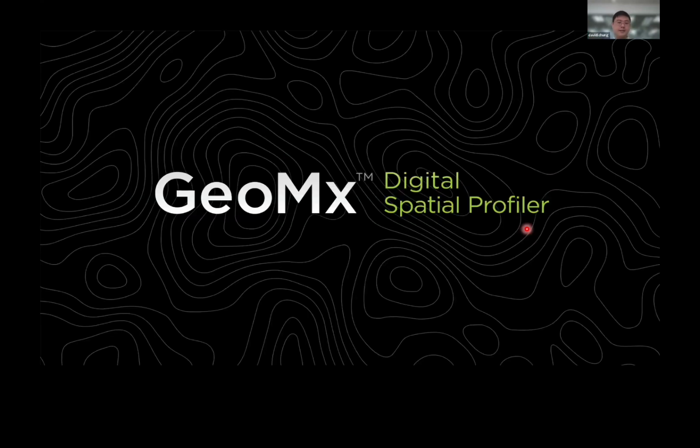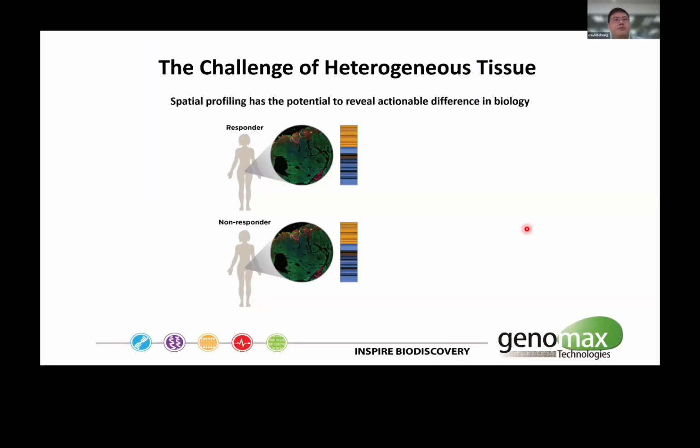So first we will look at this GeoMx digital spatial profiler system. When this first system came out, it was basically to help address heterogeneity of tissue. So for example, if you have tissue sections coming from two different patients, one is a responder to a drug treatment and one is a non-responder.